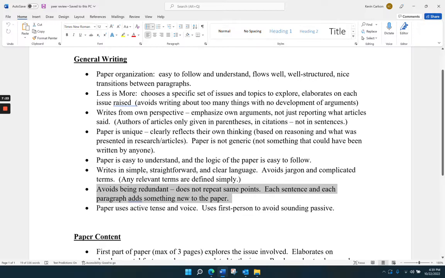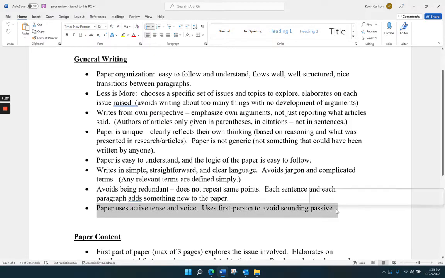And then in terms of general writing, the last thing that's listed here is using an active tense and voice. Use first person to avoid sounding passive. I know a lot of you were taught not to use first person. I don't know, don't ask me why, but I won't get into that.